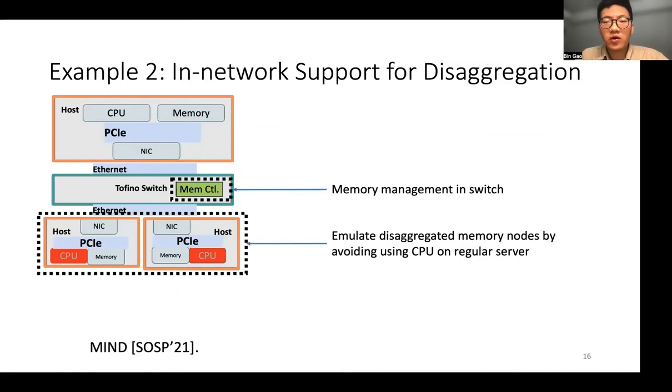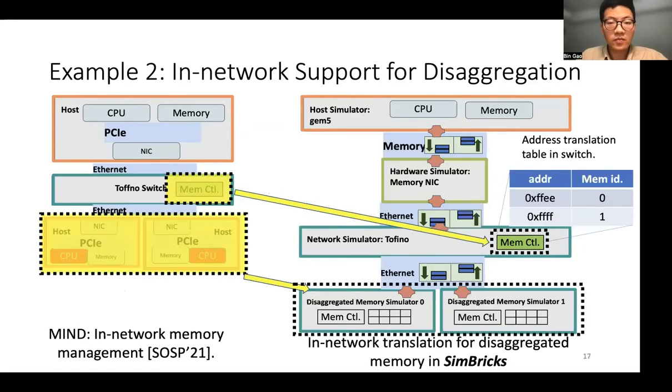Our second example is MIND. MIND moves dynamic memory management into the network switch to improve scalability of the system. Let's now add some of this functionality to our previous example. We use a similar configuration to before, except we now have multiple memory nodes.